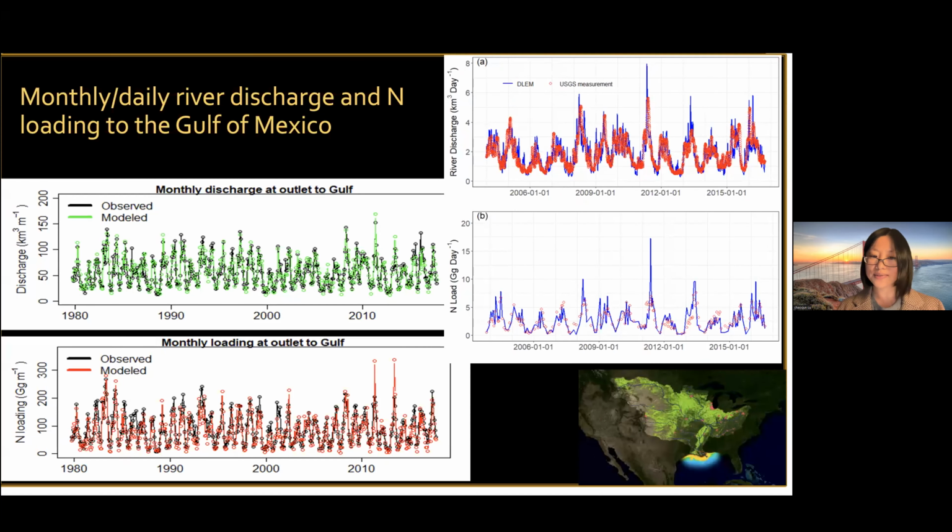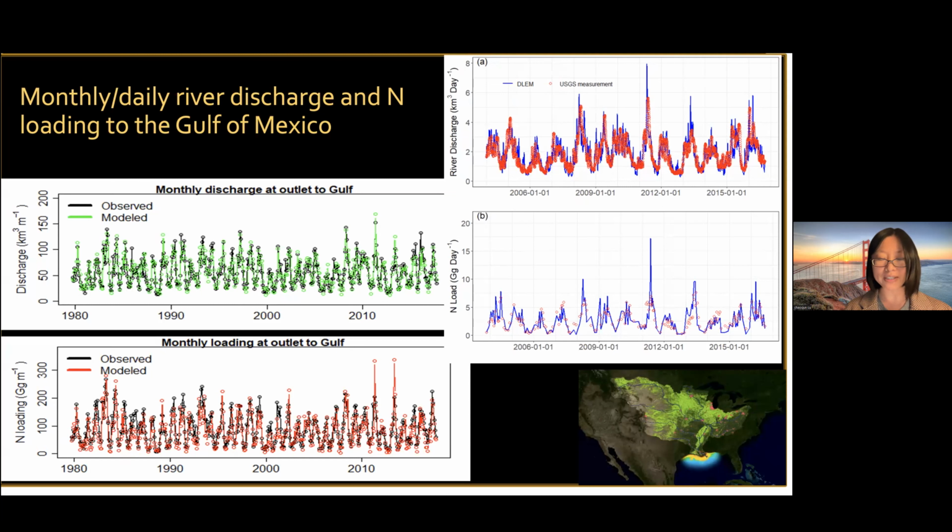So these are the model results we have for the entire Mississippi River Basin. In the Mississippi River Basin, we do the simulation at a resolution of about 9 km by 9 km. Here you can see a data-model comparison at the monthly time step on the left and daily time step on the right.